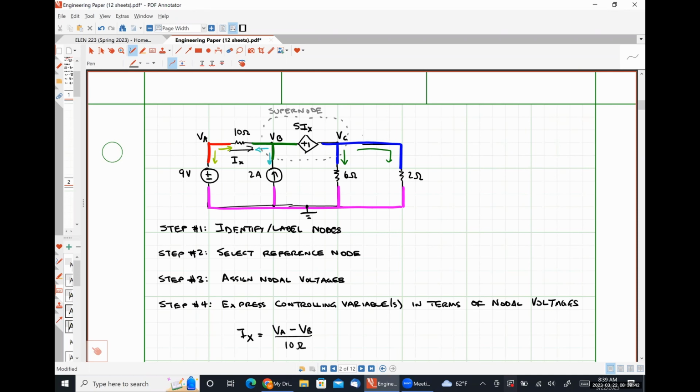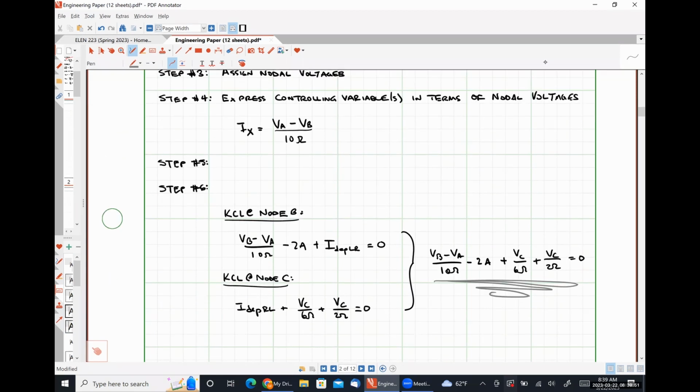So I have two nodes here. I have a KCL equation. Now I need another equation, right? So let me tell you what step 6 is now.